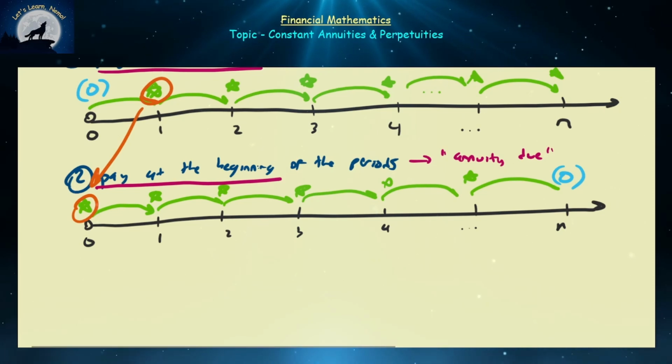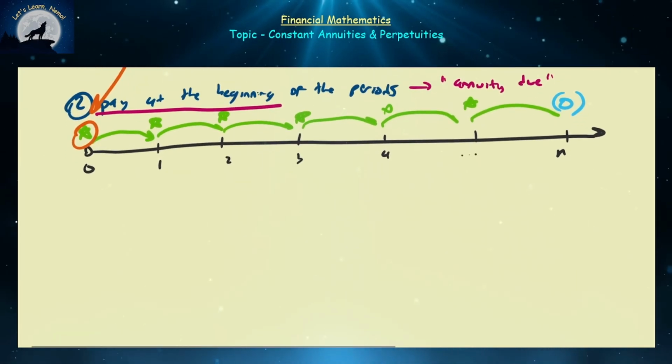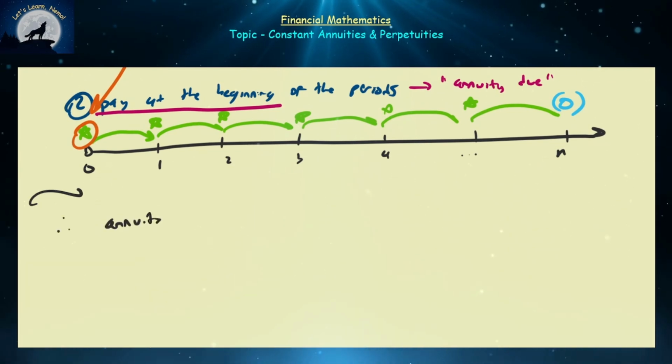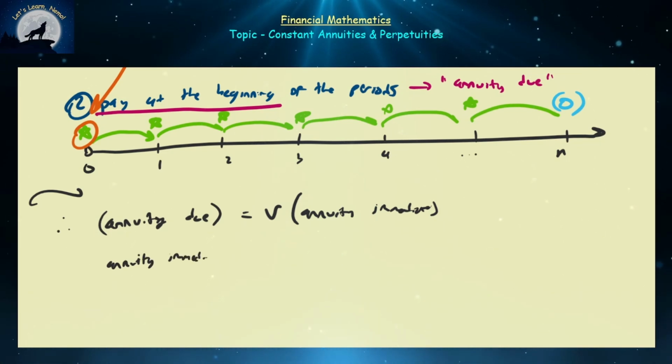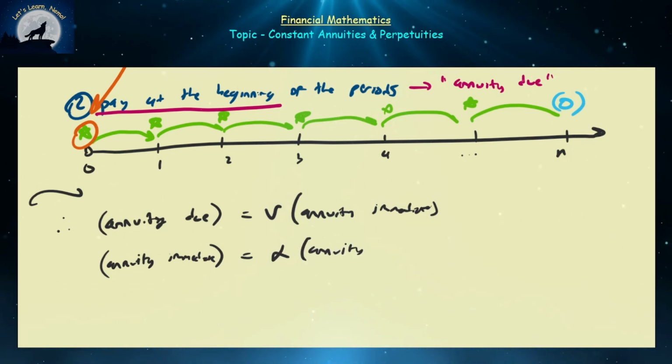So we can actually state that from the perspective of discount factors or accumulation factors, depending on the direction. We can say that an annuity due is just equal to a discounted annuity immediate, and also an annuity immediate is just an accumulated or reverse discounted annuity due, because they're obviously just reverses of each other.